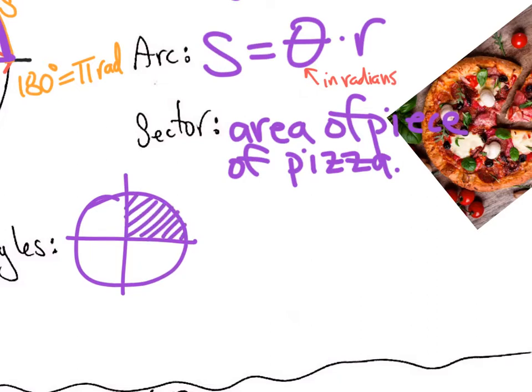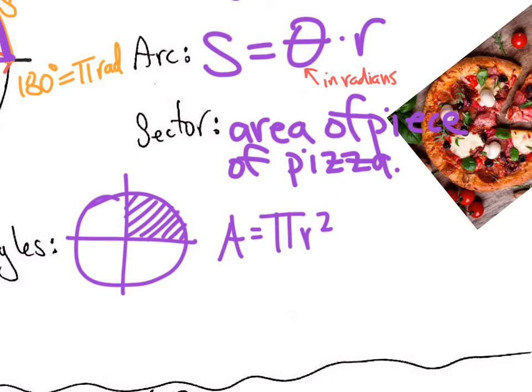You'd say, well, no problem, I know that this piece of pizza is 1/4 of the whole, and you probably remember that the area of a circle is pi r squared, and so you could say, well, the area of this piece of pizza is 1/4 of that. So what we do is we say that the piece of pizza is 1/4 because we could take this angle and say it's 1/4 of the 360 degrees or whatever.